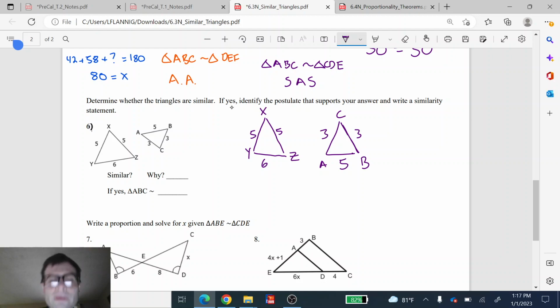So we have to determine, is the scale factor the same? So I should be able to say, is 5 over 3 equal to, that's this one right here, is that equal to 6 over 5? Well, let's look.